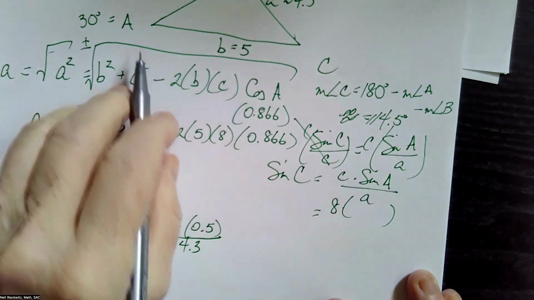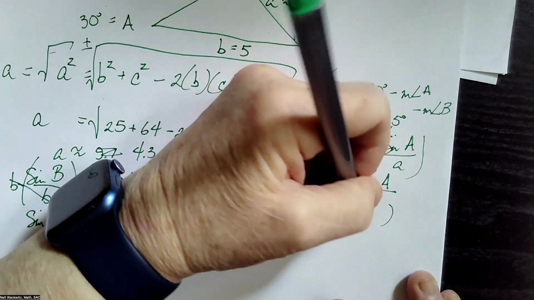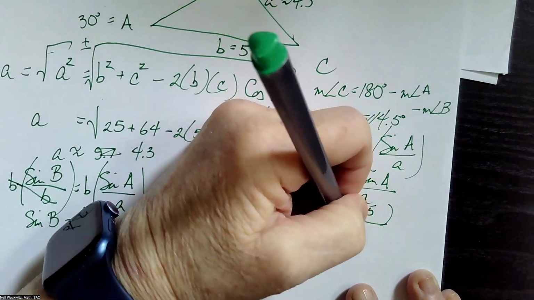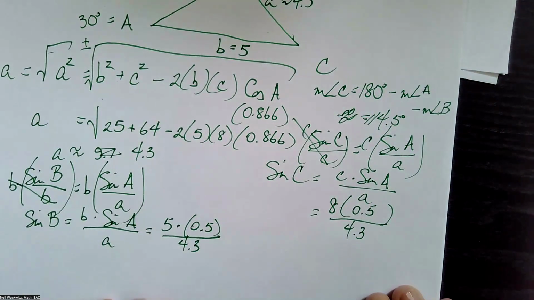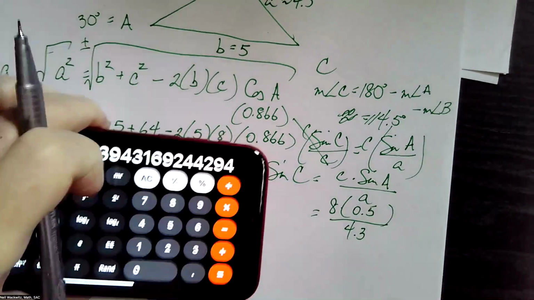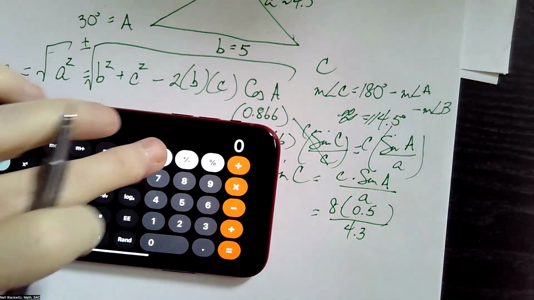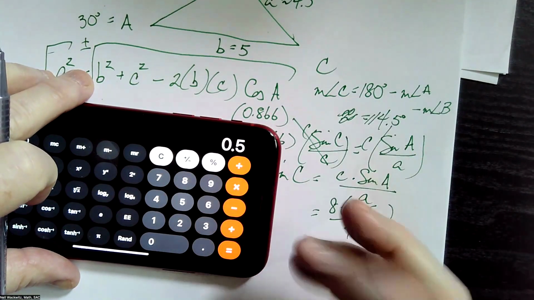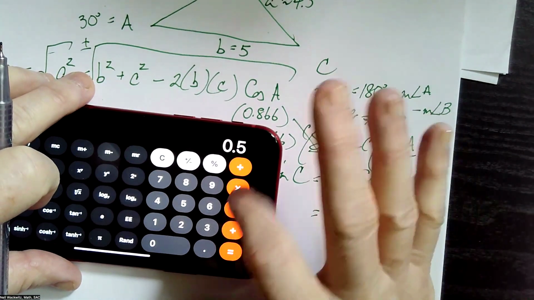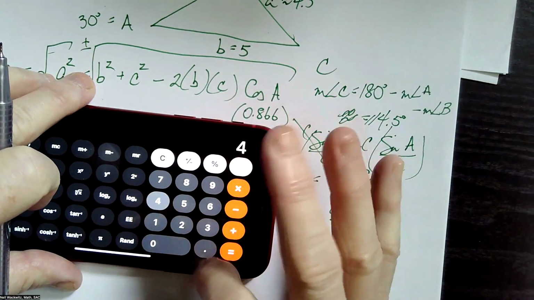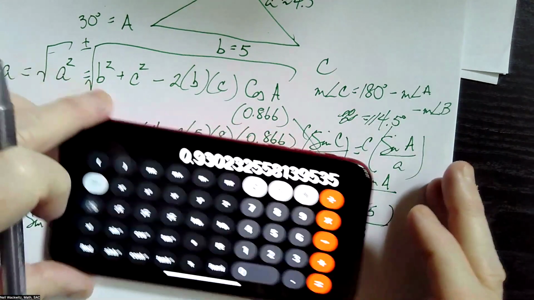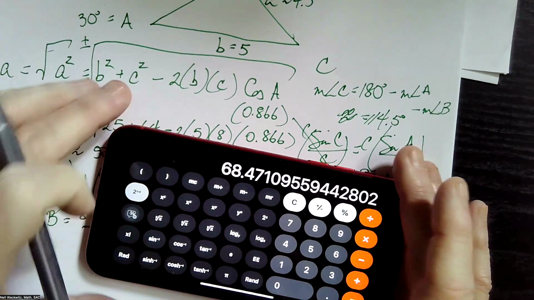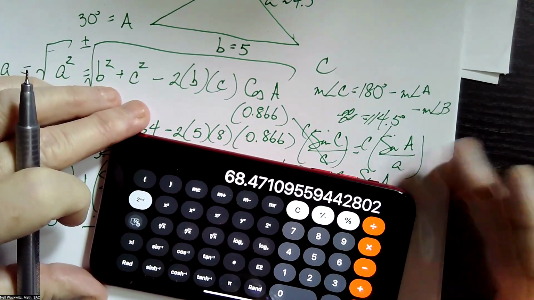The sine of 30 degrees is 0.5 or 1/2, and little a is approximately 4.3. So I've got 8 times 0.5, which I don't have to do because that's just 4, divided by 4.3. And now I've got inverse sine. We get 68.5.